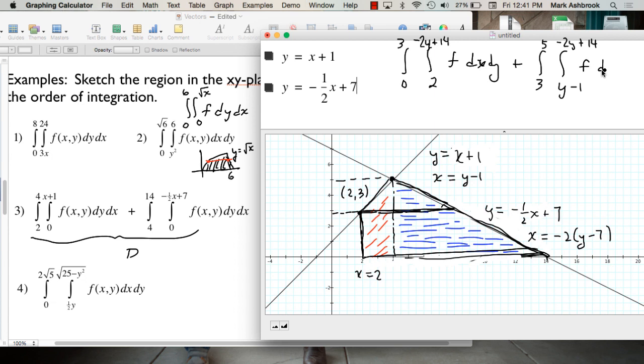All right, questions on this example? When we went type 2, left to right, bottom to top, we first had to do this part, and then we had to do this part.